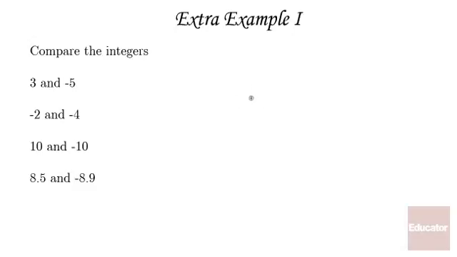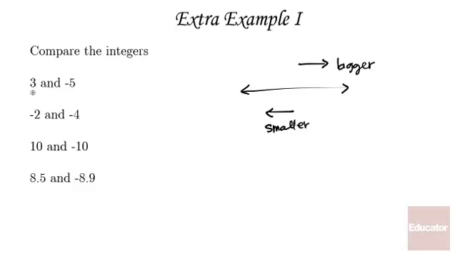If you have the number line again, as the numbers go to the right, they become bigger. So this way is bigger. And if the numbers go this way, it gets smaller. So positive numbers are big, negative numbers are small.